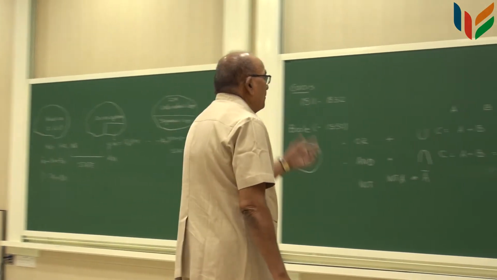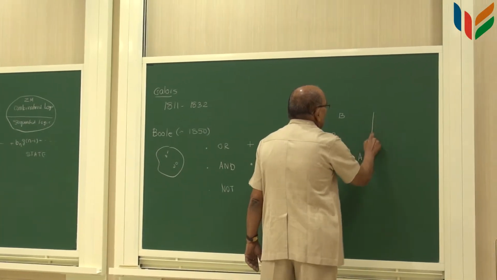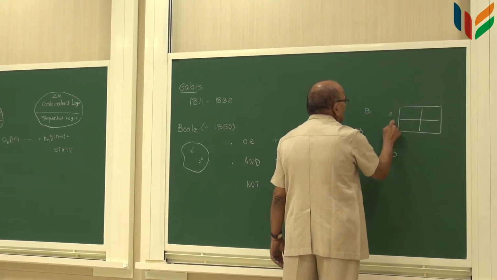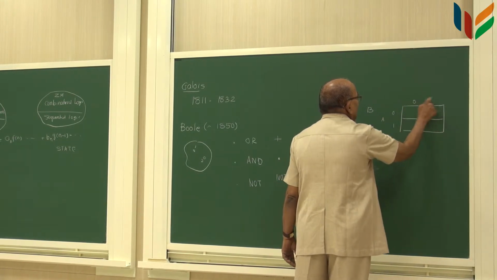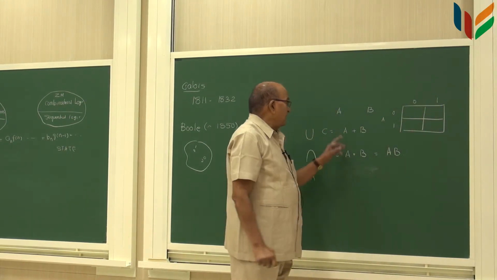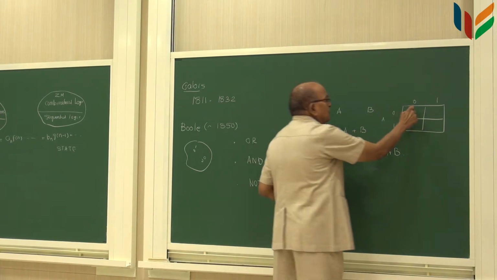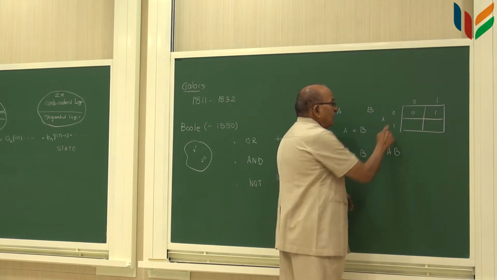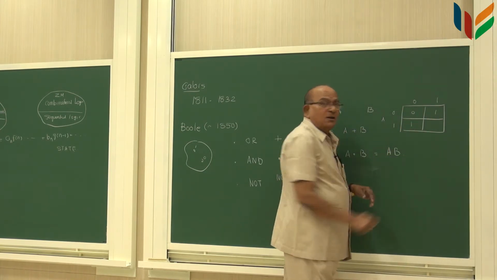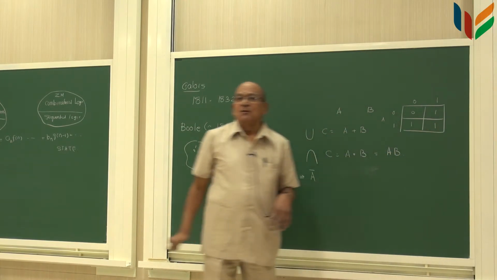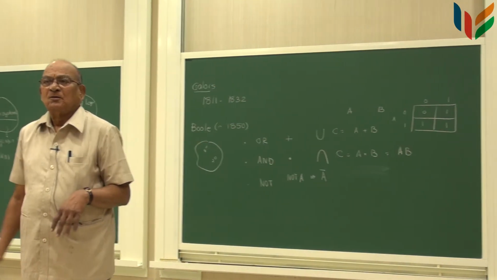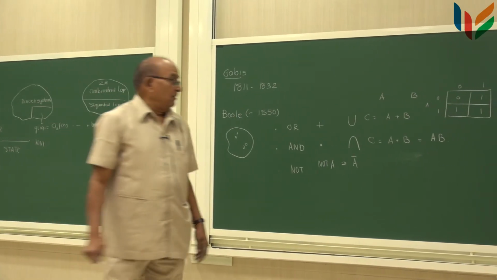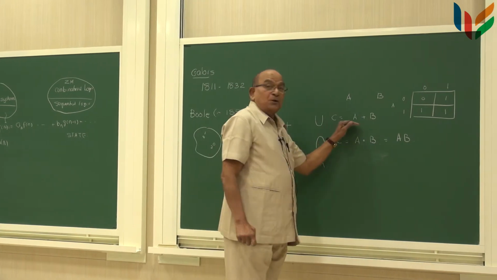So there is a table for it, which says that if A is 0 and 1 and B is 0 and 1, then A plus B means 0 plus 0 is equal to 0, 0 plus 1 is equal to 1, 1 plus 0 is equal to 1, and 1 plus 1 is also equal to 1. This is what this operation means.